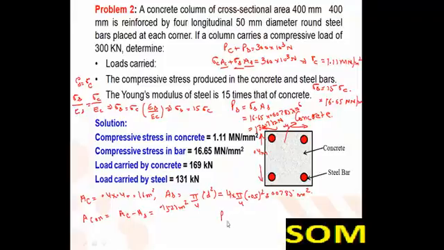Load carried by concrete is sigma c AC. Sigma c is 1.11 into 10 to the 6, area of concrete is 0.521, that is 169 kilonewton. So the load carried by the steel bar is 130.7 kilonewton and the load carried by concrete is 169 kilonewton.